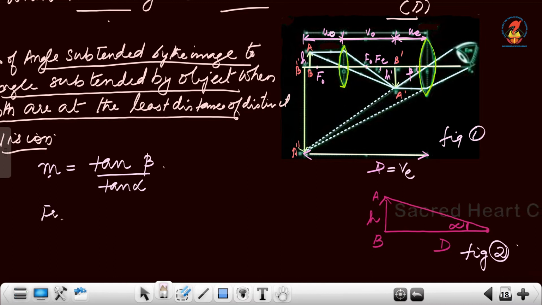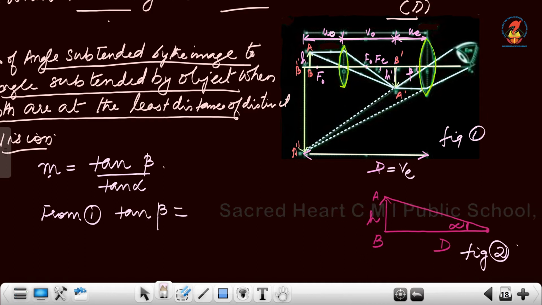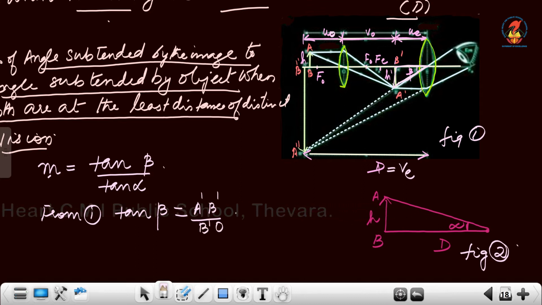Now from figure 1, tan beta is what? From this triangle we get tan beta is equal to A dash B dash divided by B dash O. What is A dash B dash? We are getting an inverted image, isn't it?